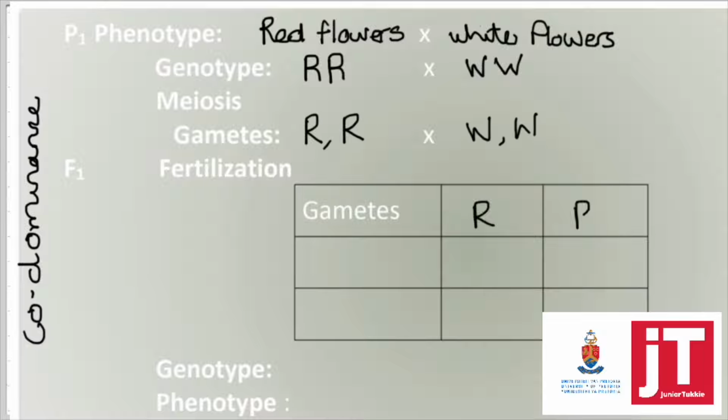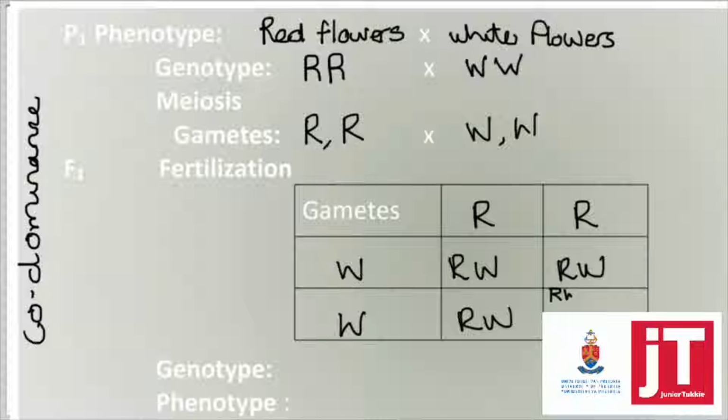We break these up into the possible alleles present in each of the gametes, and we place those into the genetic cross, understanding that now we are doing the genetic cross in the context of codominance, where both alleles are equally dominant. This is going to impact on how we write down the expression of the phenotype.